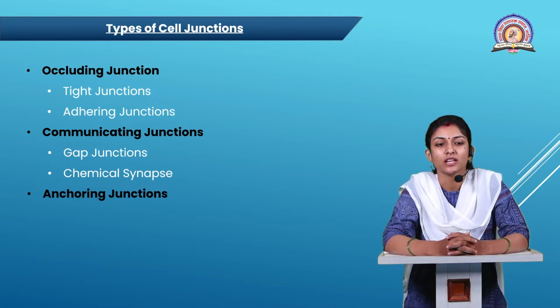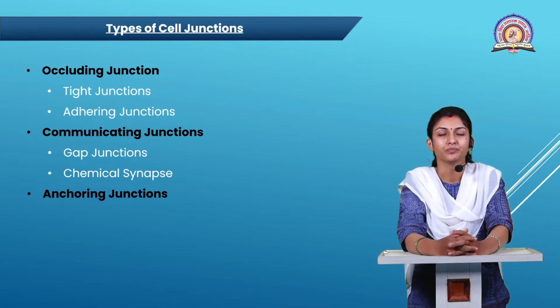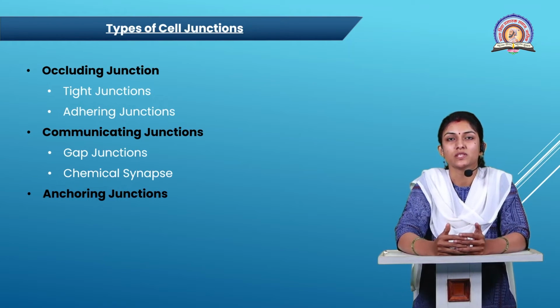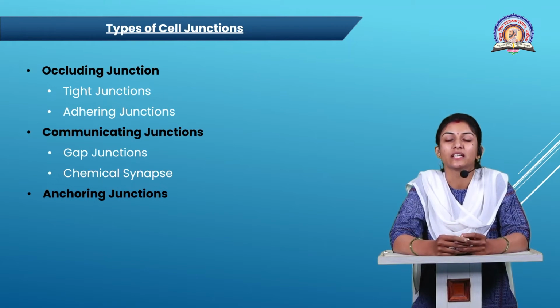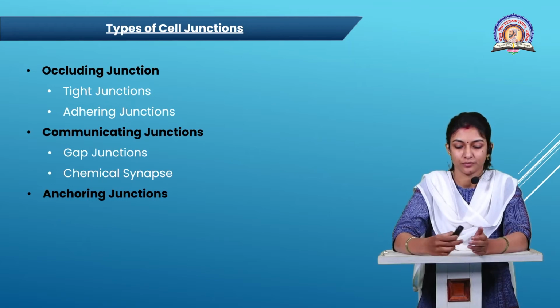Anchoring junction includes only connection between two cells, and it contains desmosomes and hemidesmosomes like proteins, which help communication.